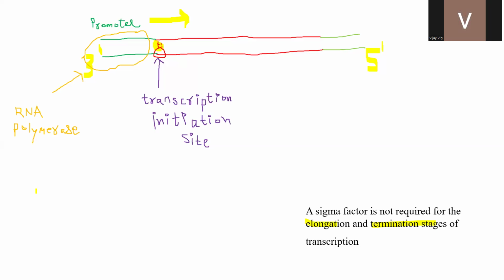What is consensus sequence? What is its significance? And how certain enzymes are multi-subunit enzymes. Then the RNA polymerase enzyme of E. coli, the difference between core RNA polymerase and RNA polymerase holoenzyme, its structure, its subunits, function, role of sigma factor.